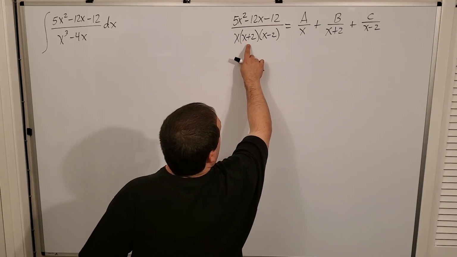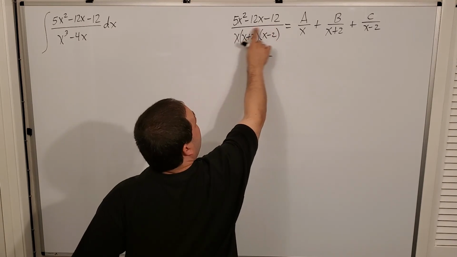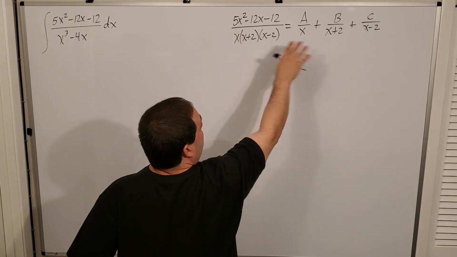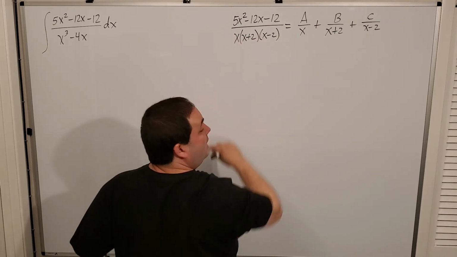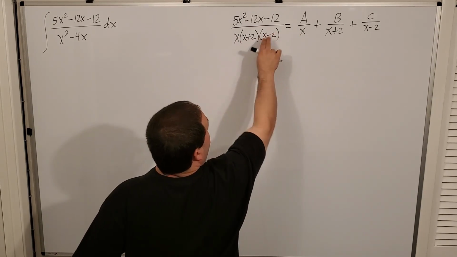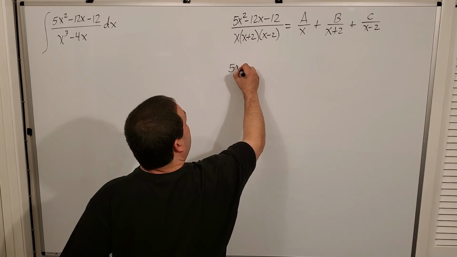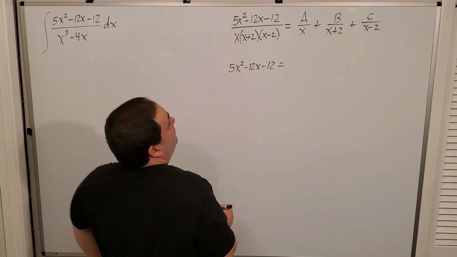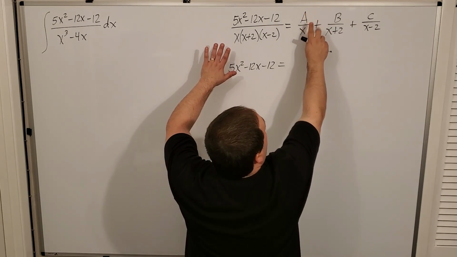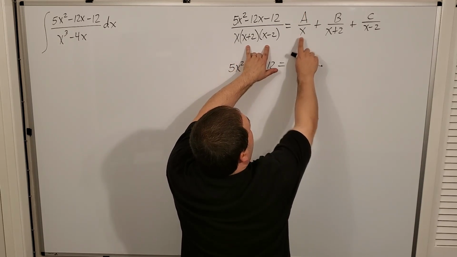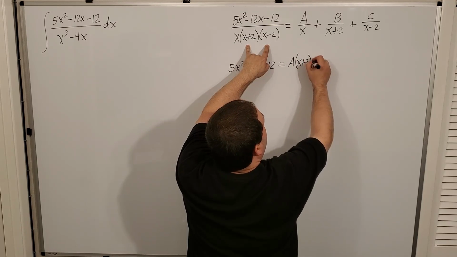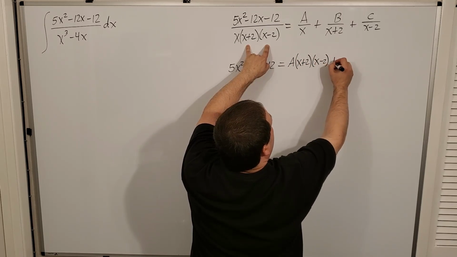Then I multiply everything by this denominator here. I'm going to multiply the whole equation by x, x plus 2, x minus 2. So it's going to completely wipe out the left side's denominator, leaving me with 5x squared minus 12x minus 12. When I multiply here, the x reduces, leaving me with these two terms, so A times x plus 2 times x minus 2.